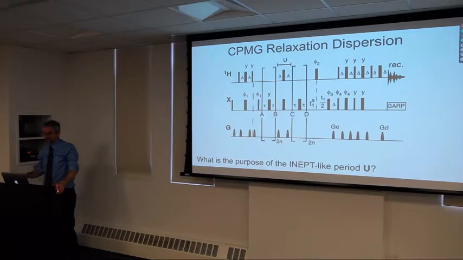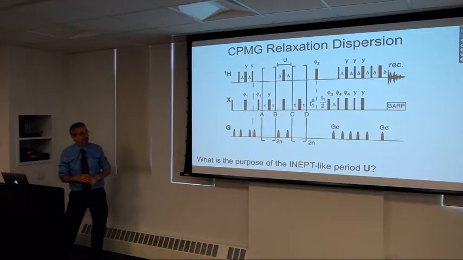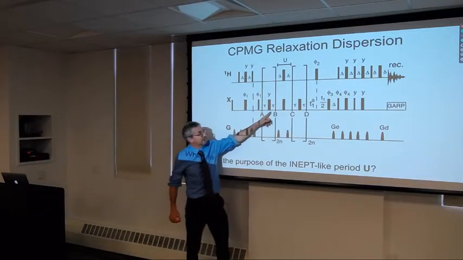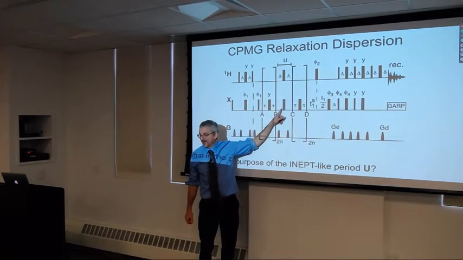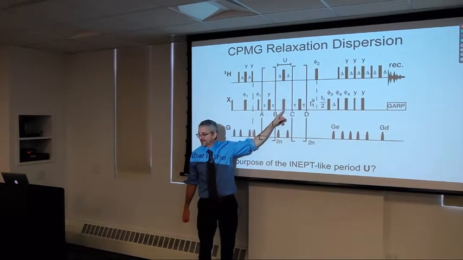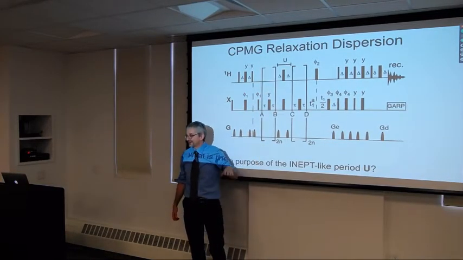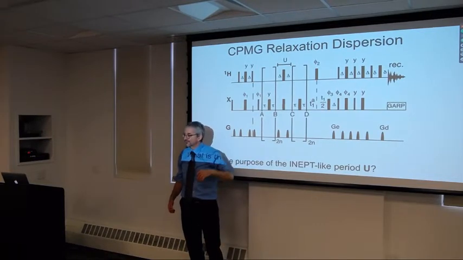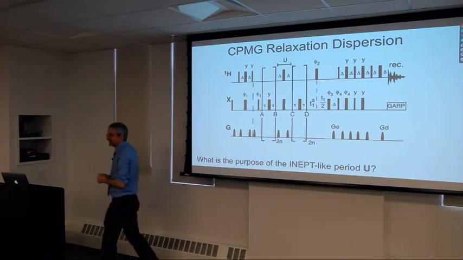So one can use that experiment to try to pin down what R2 naught is. But it's different from just doing an R1 rho experiment because it still has this U period, so you're still averaging the in phase and antiphase. If we just did an R1 rho experiment, we would always have in phase magnetization. We would never see this extra contribution from the remote hydrogens.